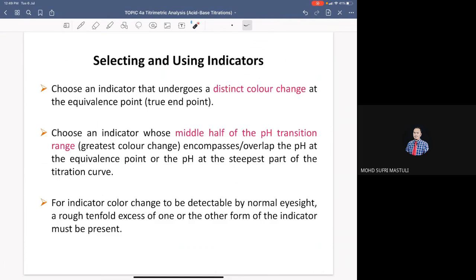So choose an indicator whose color change is in the middle half of the pH transition range, because in the pH transition range, the indicator should show the greatest color change. The indicator color change should be detectable by the naked eye.